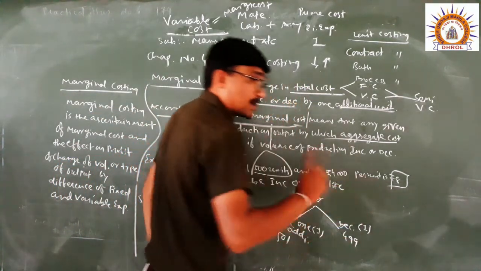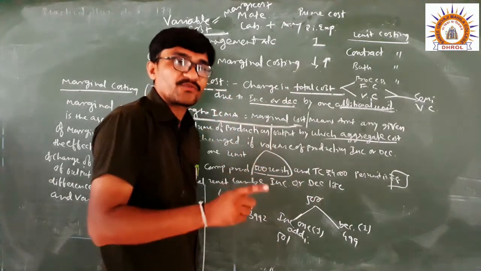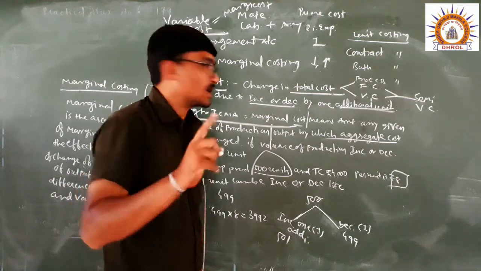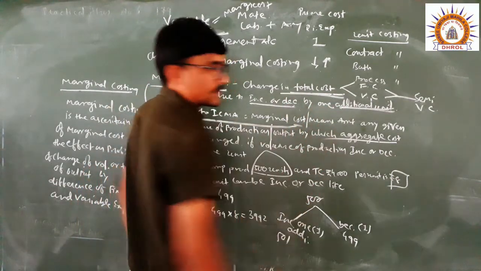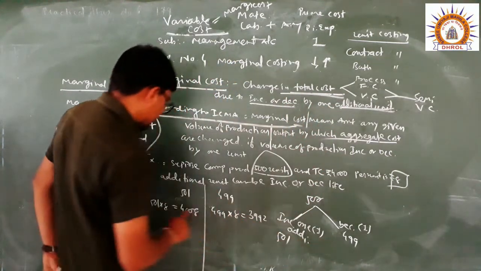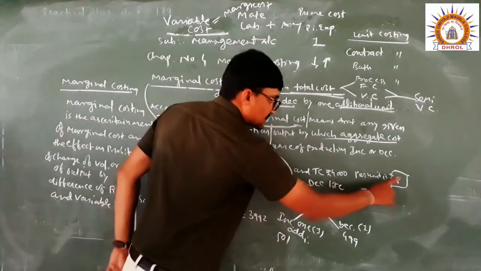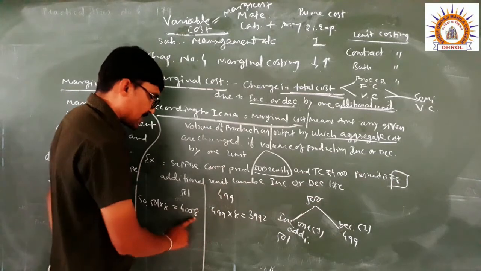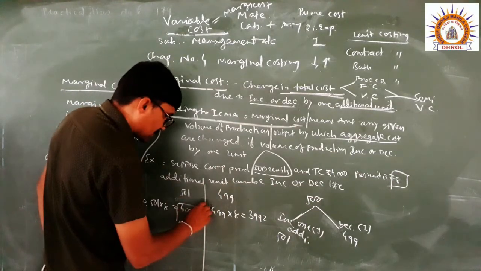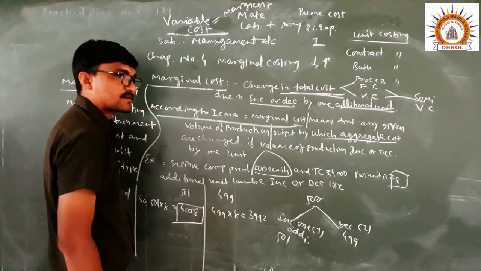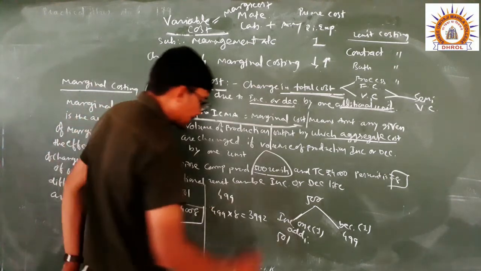So what sort of effect is there on profit with the change in total cost? It is 501 multiplied by 8 rupees per unit, so the total cost is 4008, right?